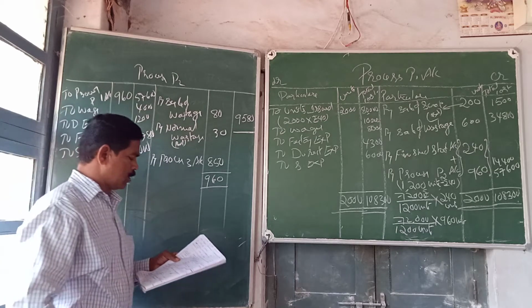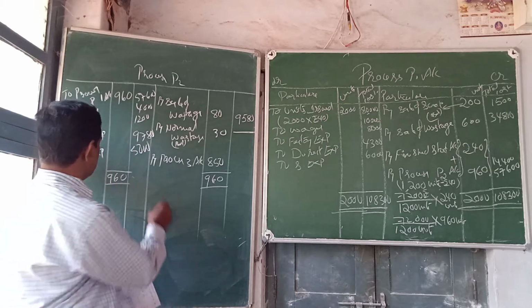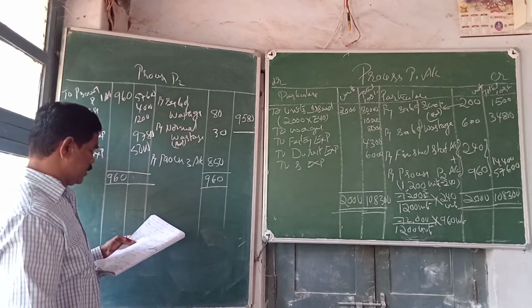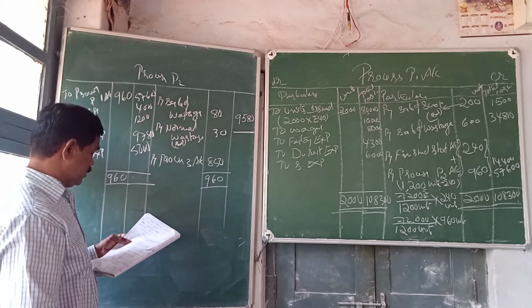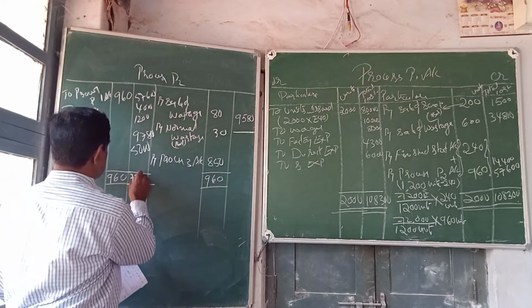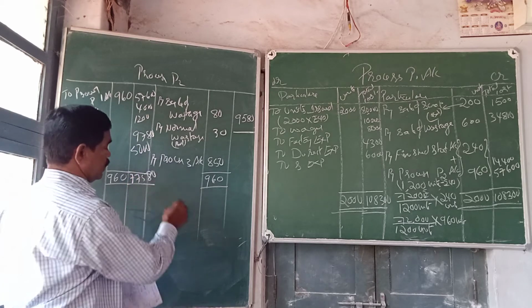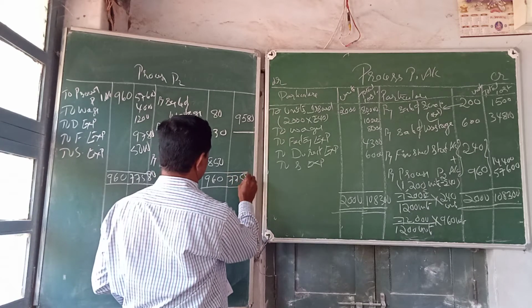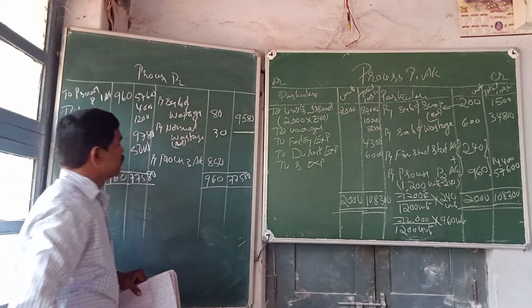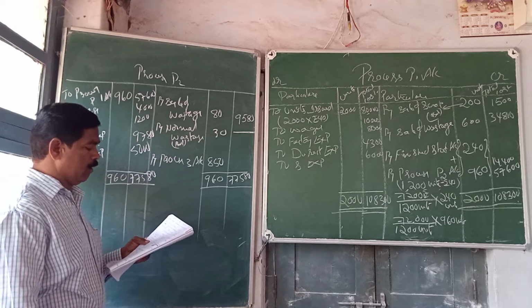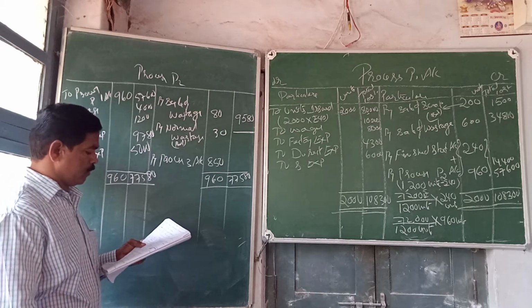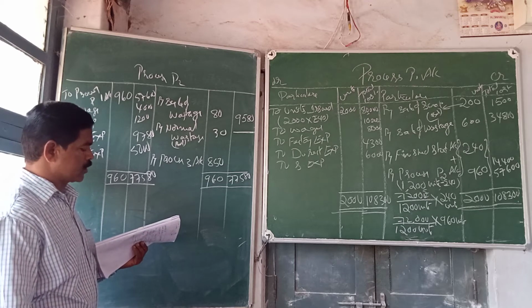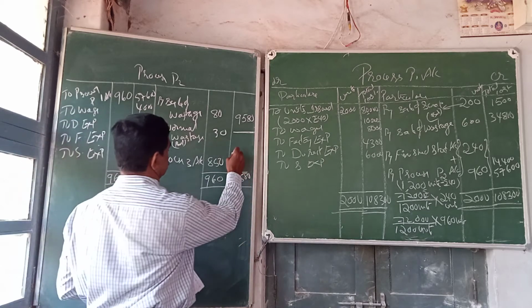Now total the amount column. Amount on the debit side, how much is it? Is it 77,580? 77,580. So the difference is the value of output. 68,000.